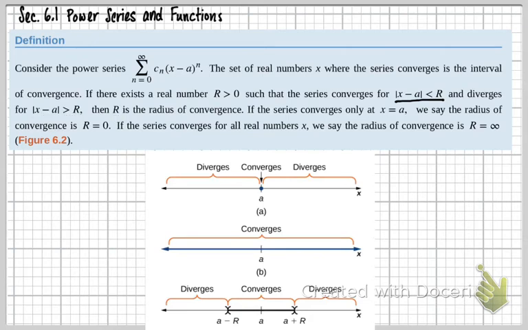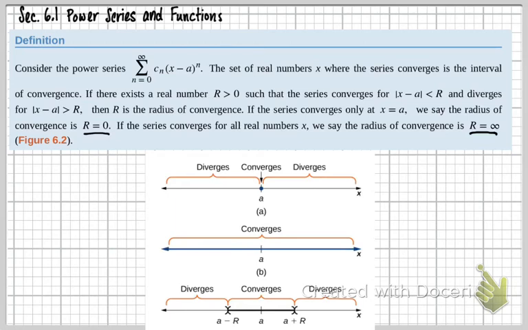If the series converges only at x equals a, we say that the radius of convergence is r equals 0. And if the series converges for all real numbers x, we say that the radius of convergence equals infinity.